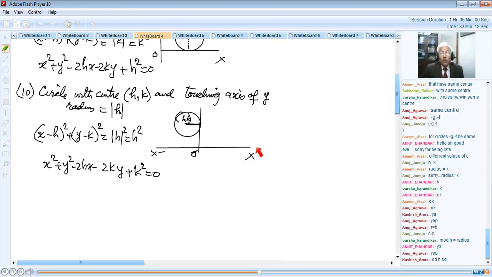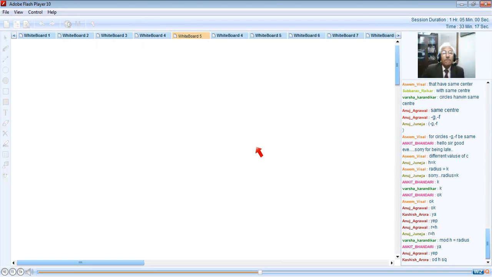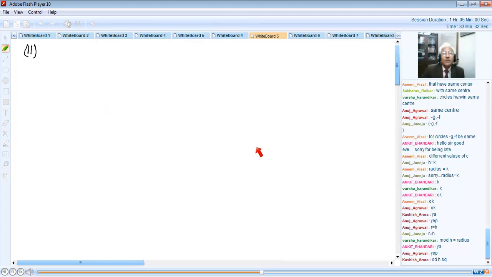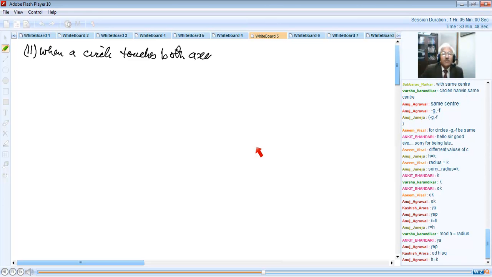We come now to 11. What happens when a circle touches both the axes?